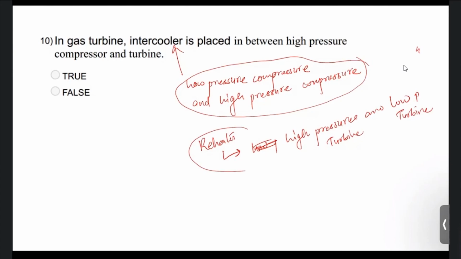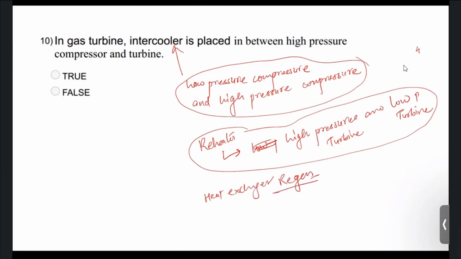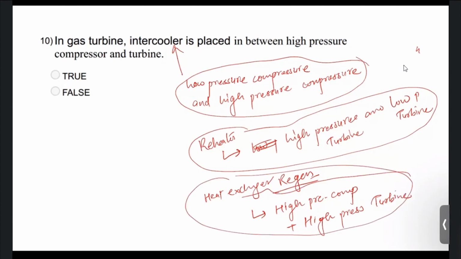Okay, and the heat exchanger for regeneration is always added between the high pressure compressor and the high pressure turbine. Okay, so here in the question it is asked, in a gas turbine the intercooler is placed in between the high pressure compressor and turbine.